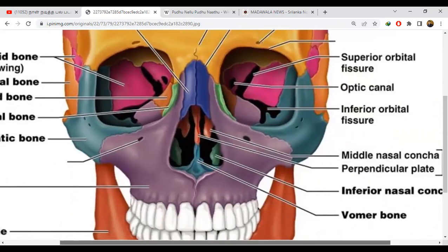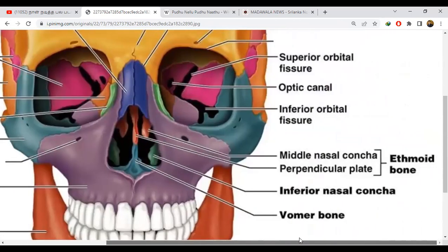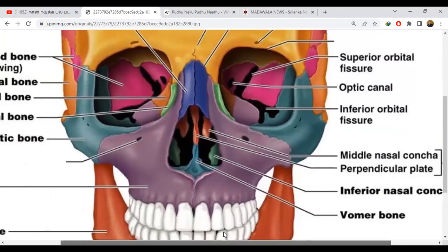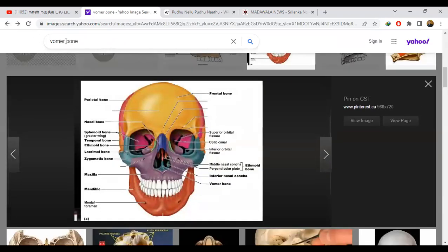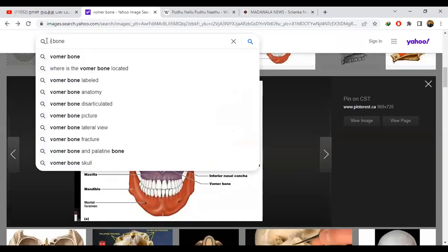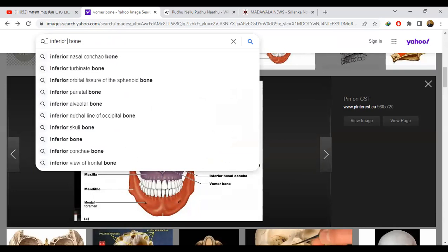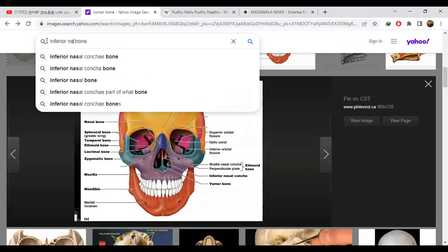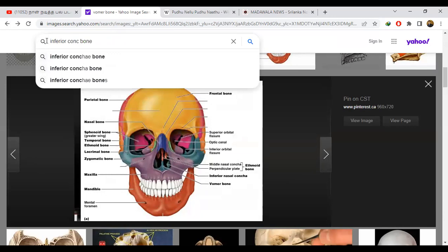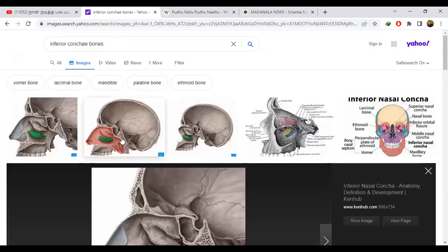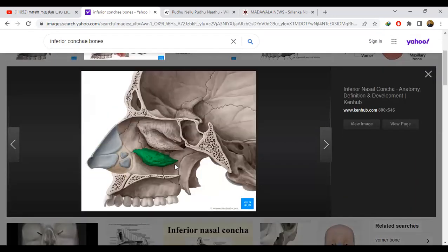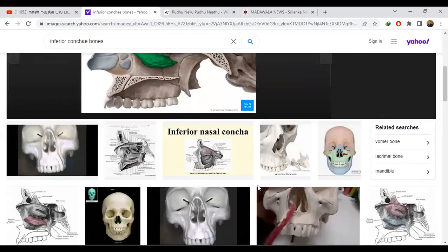Concha bones. We have to now see how they look. Which concha? Inferior concha. Inferior concha bone. It is a little challenging bone to notice from outside.